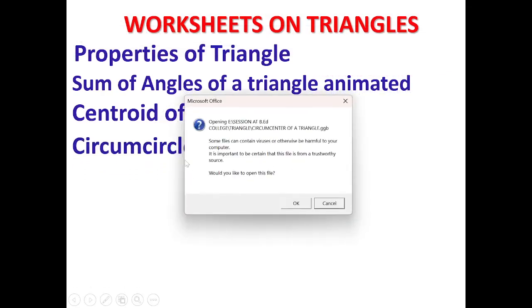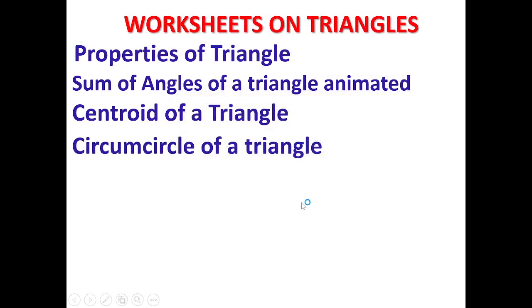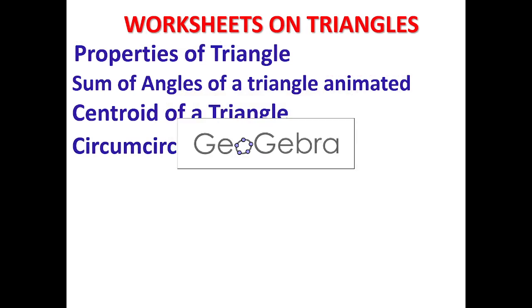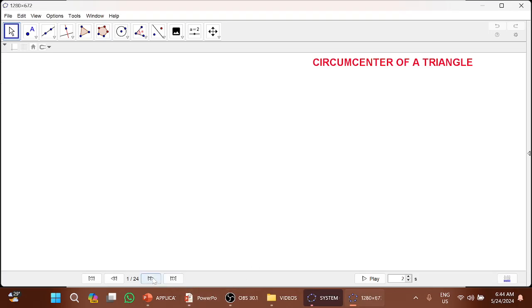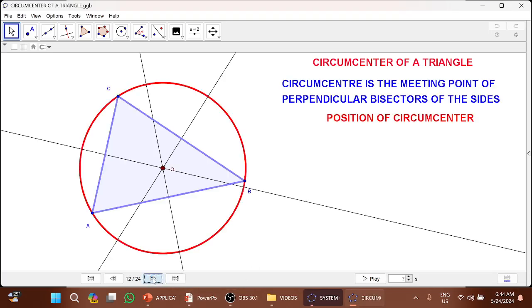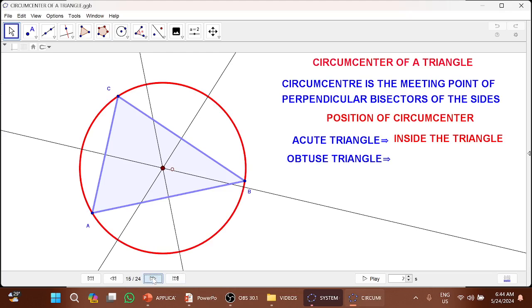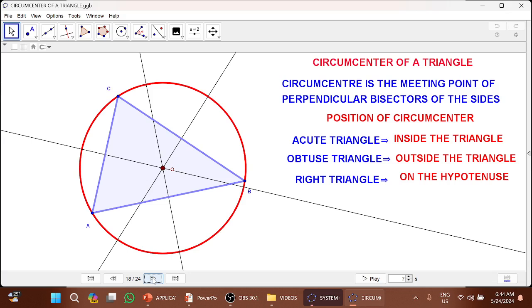But anyway, I will show you the circumcircle once again. Circumcircle, incircle, orthocenter, everything you can show using GeoGebra. But this can be used in the classroom also after it has been taught. For example, you can tell them what you mean by a circumcenter, and it is the meeting point of the perpendicular bisectors. A highly interesting thing is, for an acute triangle, what will be the position of the circumcenter, and for an obtuse triangle, what is the position of the circumcenter.